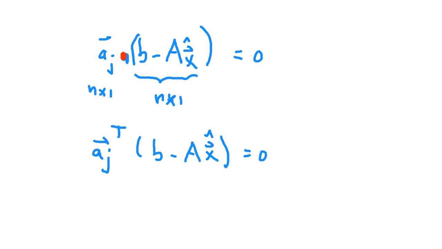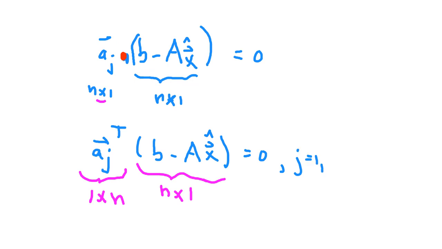Because b minus A x hat has n rows by 1 column, it's a vector, but a sub j transpose is 1 by n. And you can do this for all the column vectors of A.